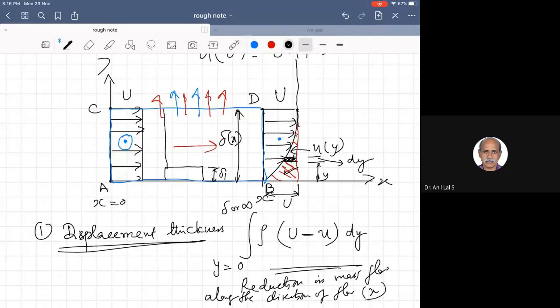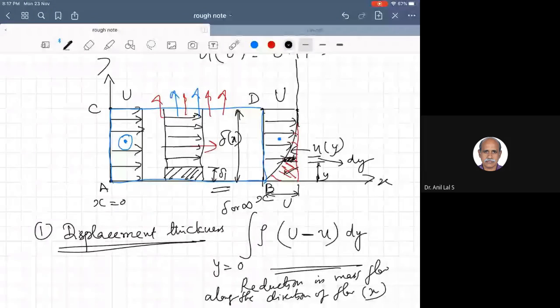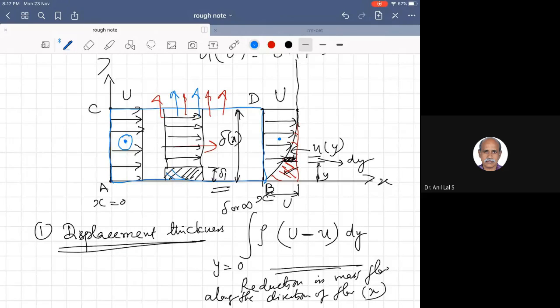If you assume that the velocity remains as U itself, and the effect of the loss of flow is considered equivalent to shifting of the bottom wall through a distance delta 1, then what is the mass flow rate through this area? It is U, the velocity, times delta 1 times rho.